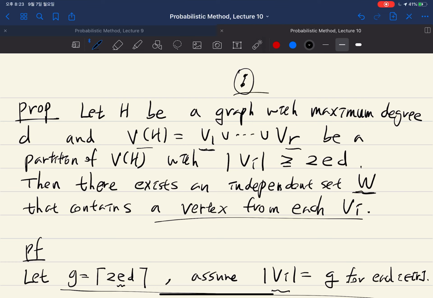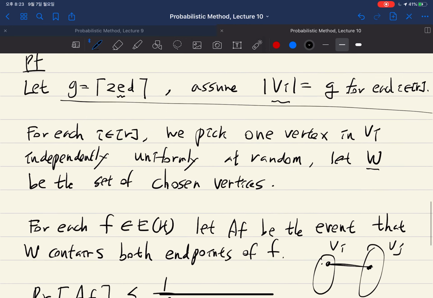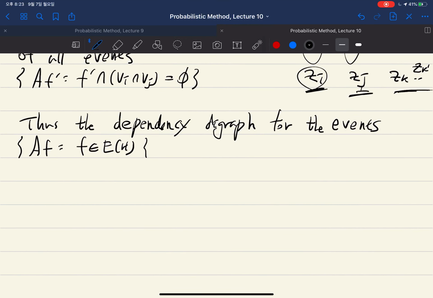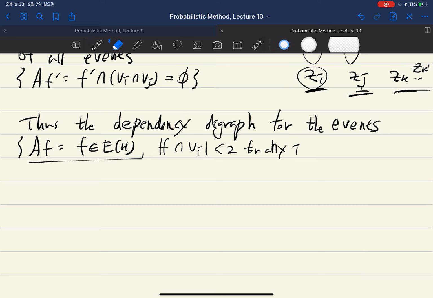So we might as well just assume that each VI is an independent set. Otherwise, we can write that this intersection with VI is smaller than 2 for any I. We can add this clause, but just for simplicity, let's just assume that all the edges of H are crossing between some VI and some VJ.